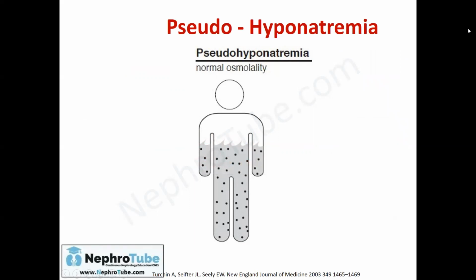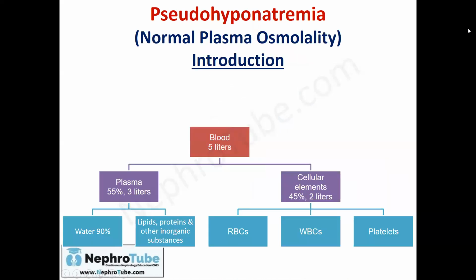Before going into how to differentiate between the 3 types of hyponatremia, let's talk about pseudohyponatremia. It is hyponatremia in patients with normal osmolality. And before going through it, I want to give a slight introduction. As we all know, our blood is composed of plasma and cellular elements.